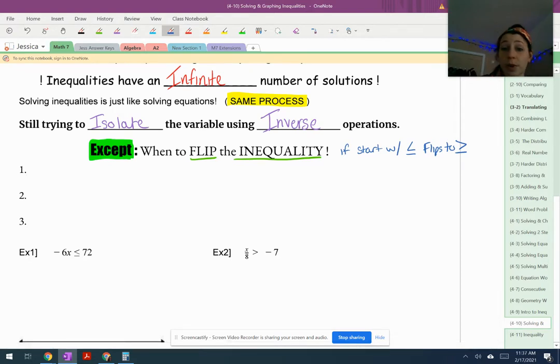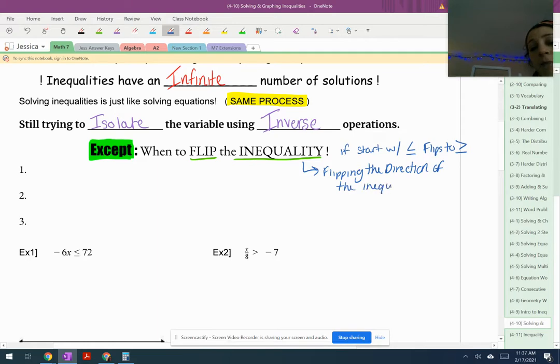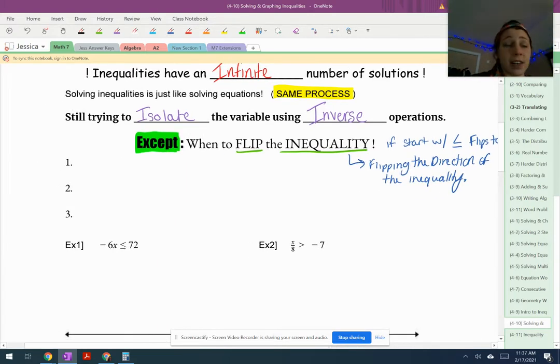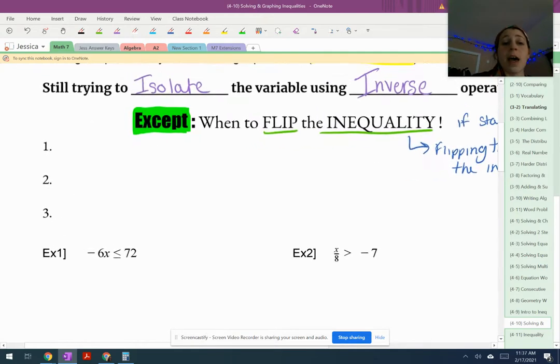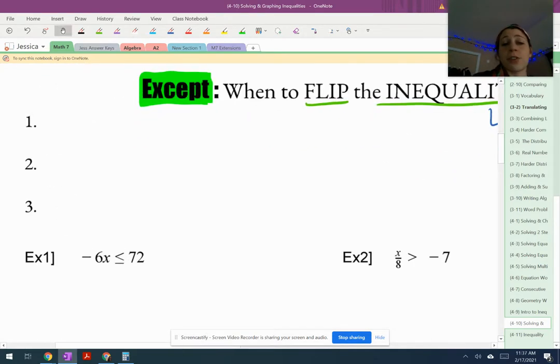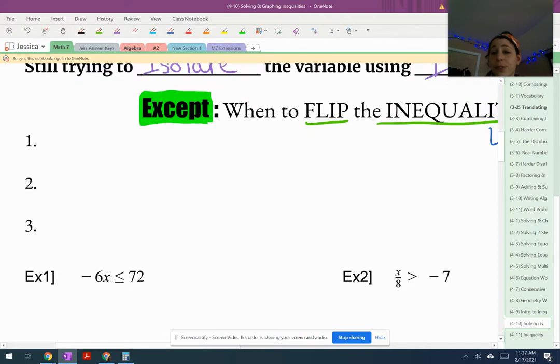You're just flipping the direction of the inequality. So there are three situations that you might run into where you need to flip the inequality when you're solving.